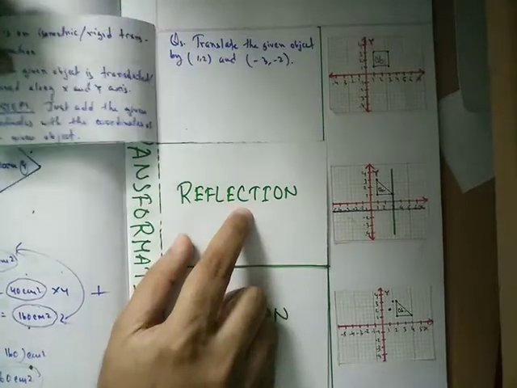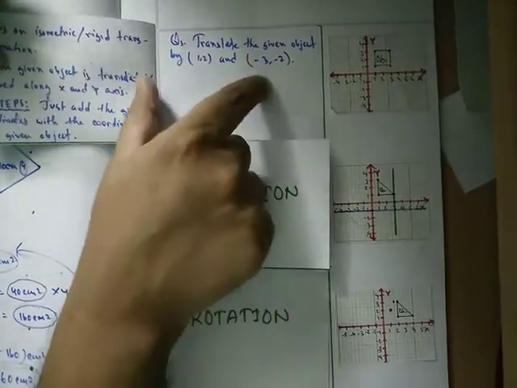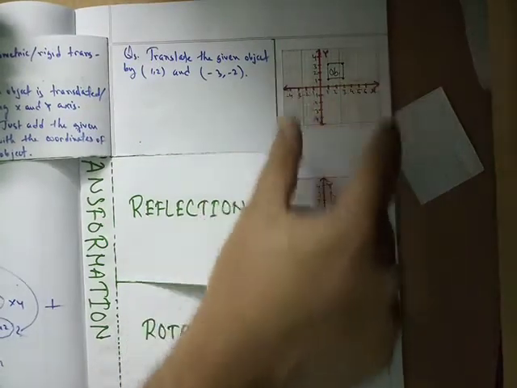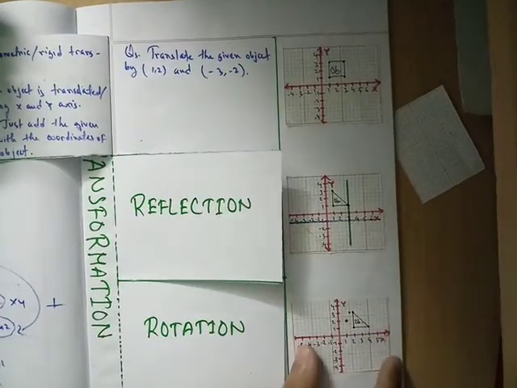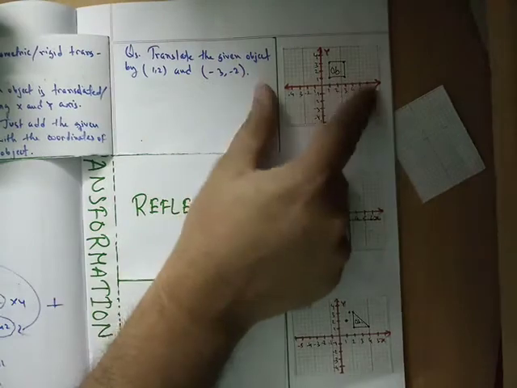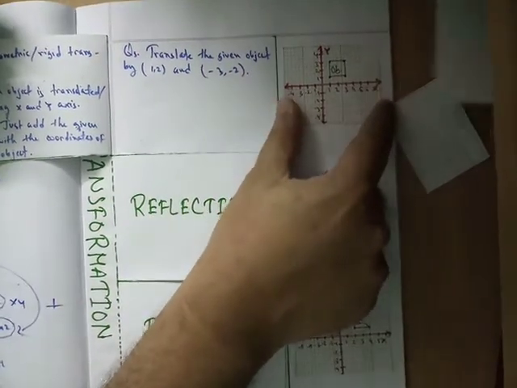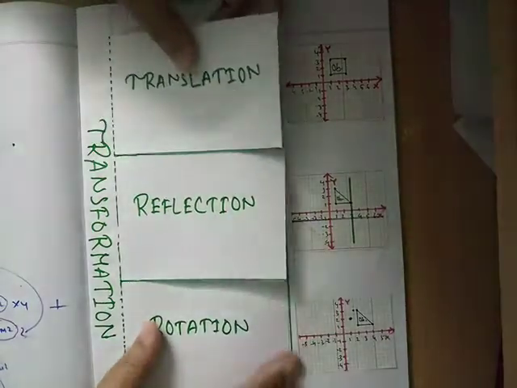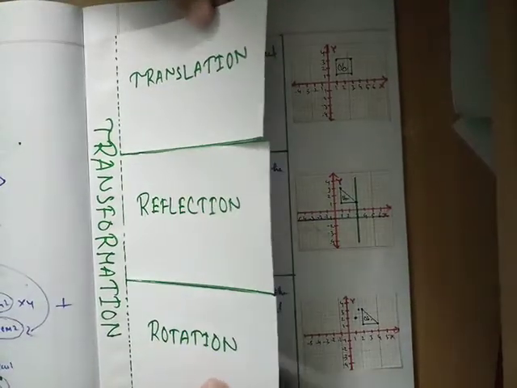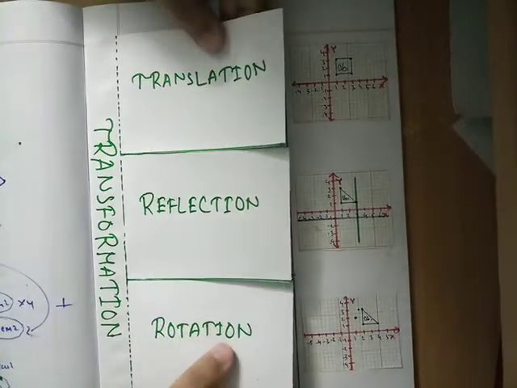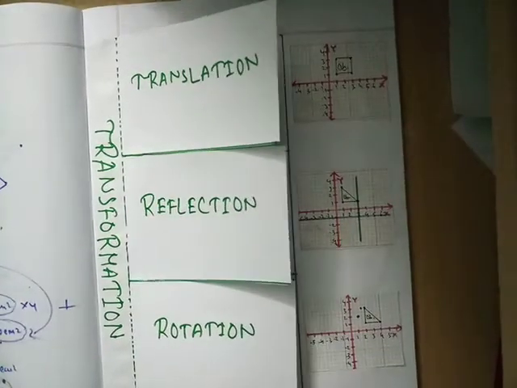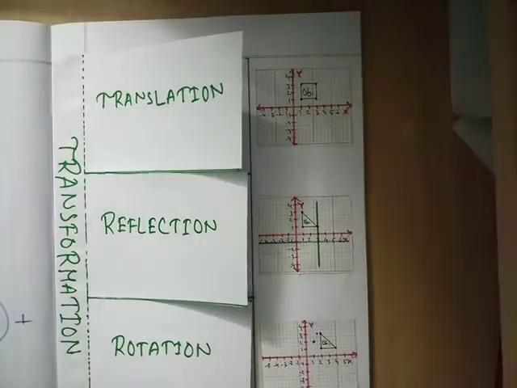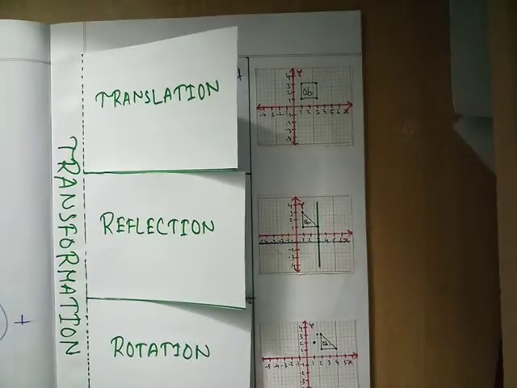So when you flip it open, there is a question regarding translation, and then I have pasted graph papers to solve the questions in the interactive notebook. All of this should be pasted in your interactive notebook, and I have used white papers here. You can use colored papers, or if you're using white papers, make them colorful to look vibrant and more creative. Show your creativity as much as you can.